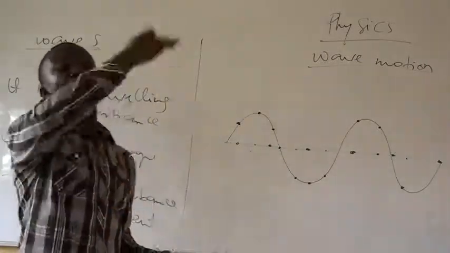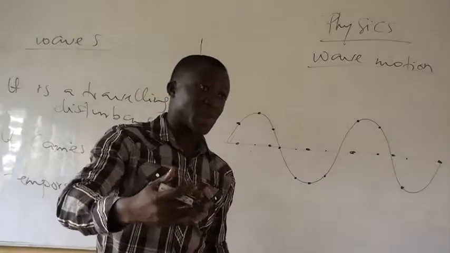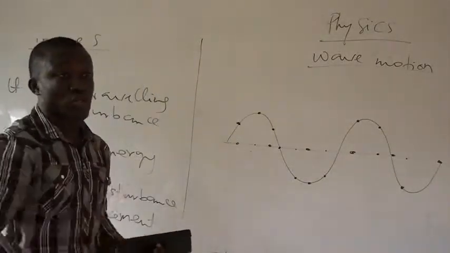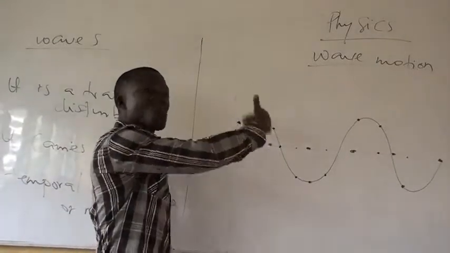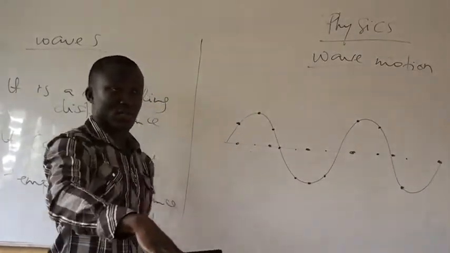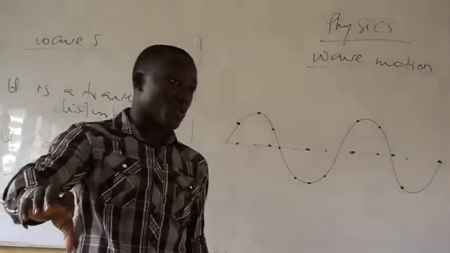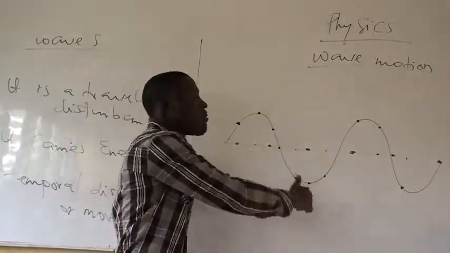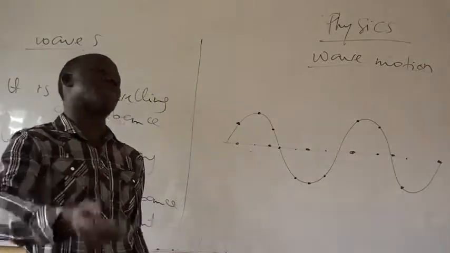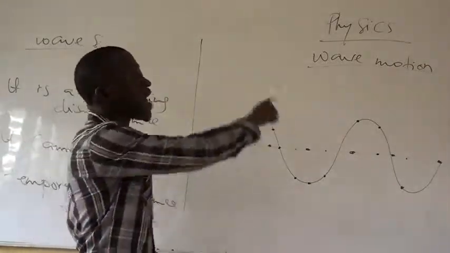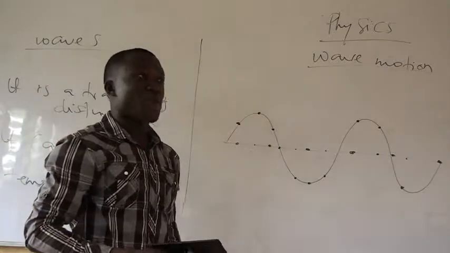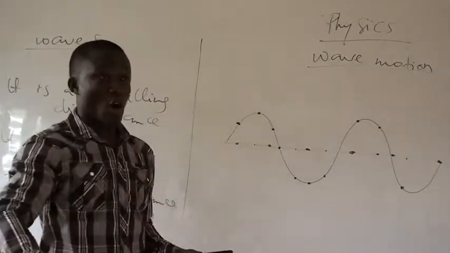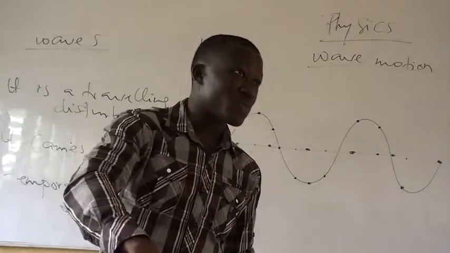So whatever waveform or wave pattern you see, bear in mind that it's a result of the individual vibrations of the particles that make up that particular medium. Do you follow that there? Now, that vibratory motion of these particles is what constitutes a wave motion. So basically, wave motions consist of vibrations of the particles of the medium.